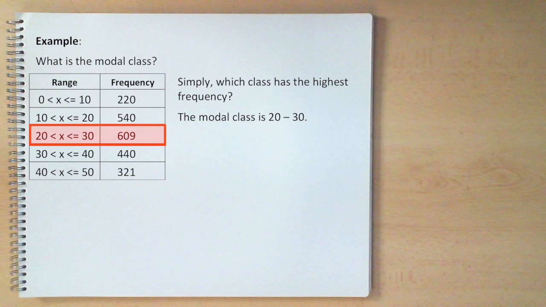So with group data, the mode and the median are fairly straightforward to find. The mode is very simple. It's just the class with the highest frequency, and the median is the class into which the values fall when you count through the complete list of numbers of data.